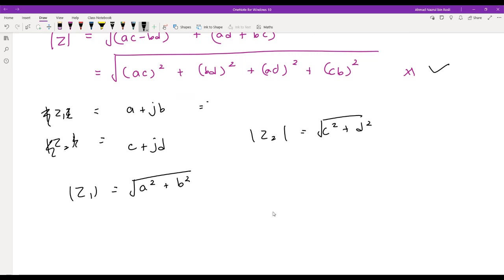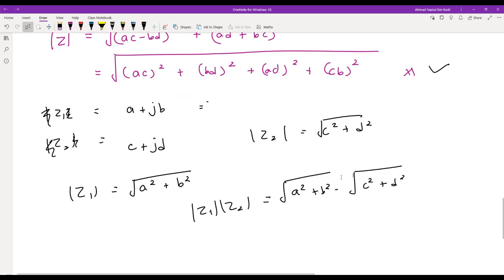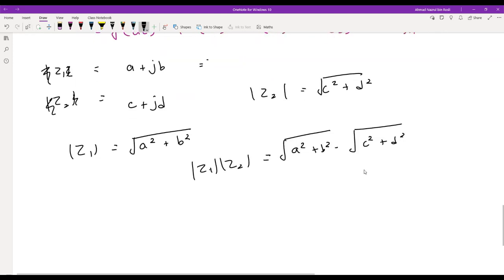So right now, the magnitude of Z1 times the magnitude of Z2 gives the square root of A square plus B square times the square root of C square plus D square. So both are square roots. So we have the square root of A square plus B square times C square plus D square.